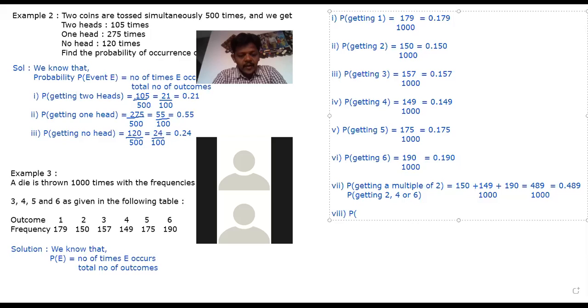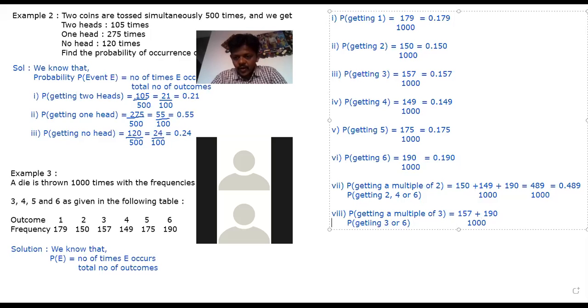Probability of getting a multiple of 3. How many, tell me? Means probability of getting what? 3 and 6. So that is nothing but P of getting 3 or 6. Which are those? 157 plus 190, which is 347 upon 1000.